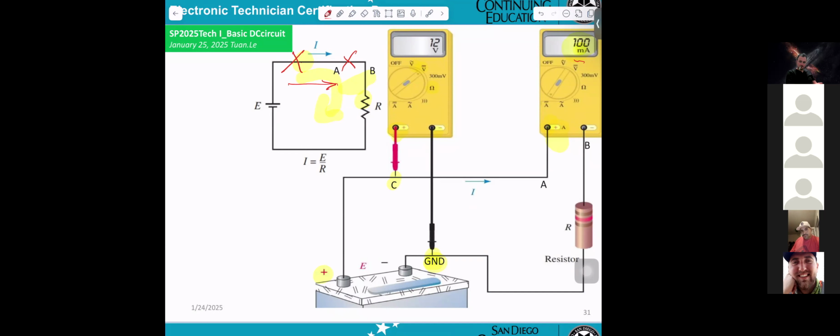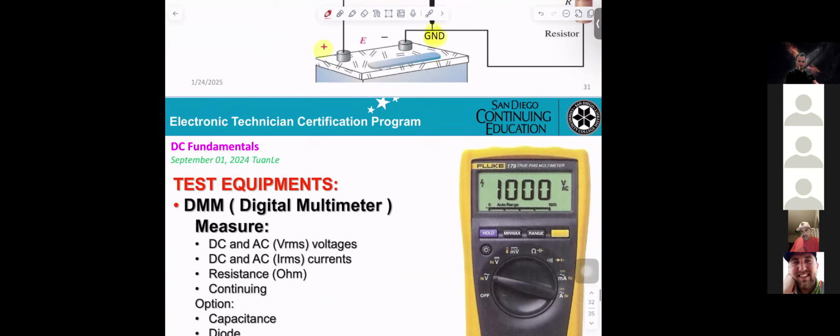That's what you have to know when you're working with the lab level. If you don't know, you can cook the meter, which means the fuse will be broken inside.